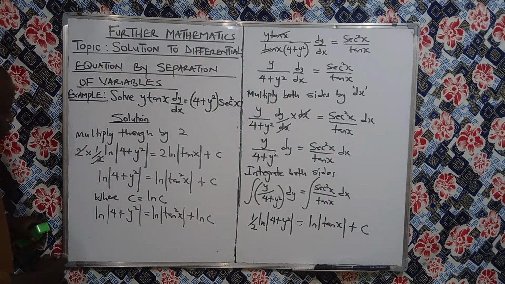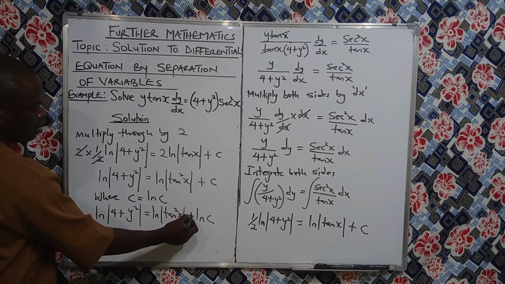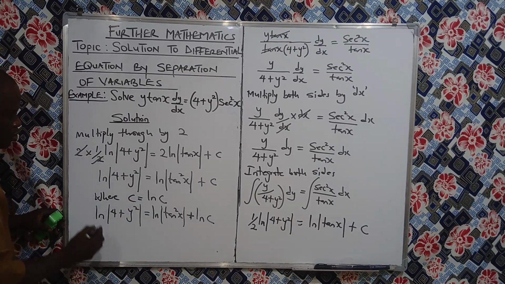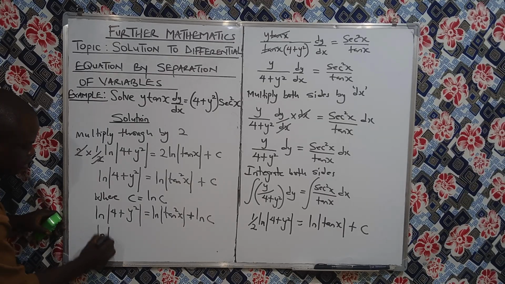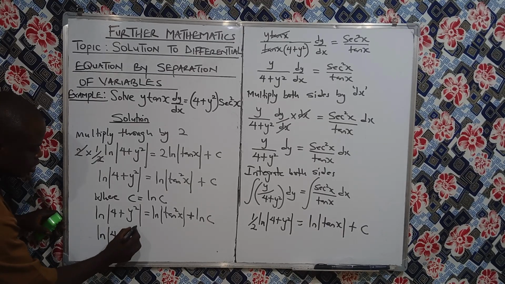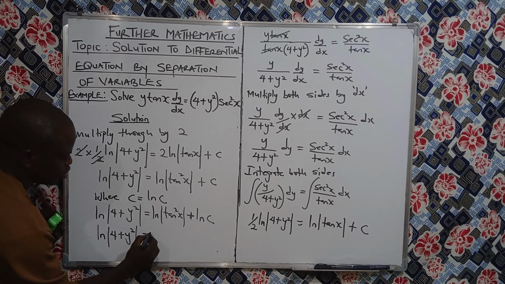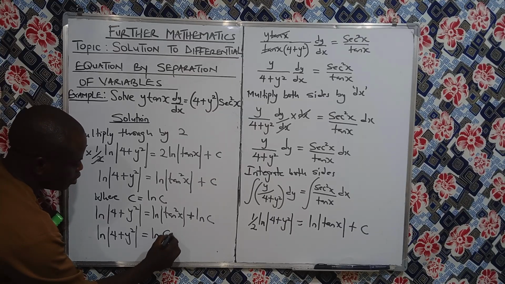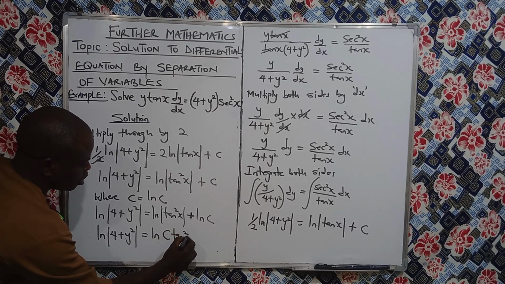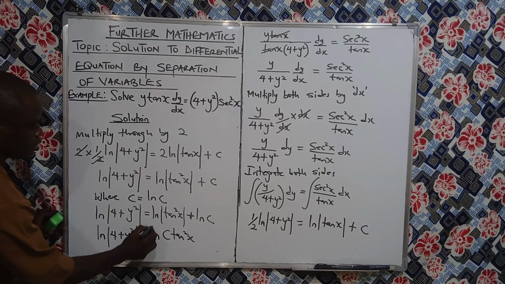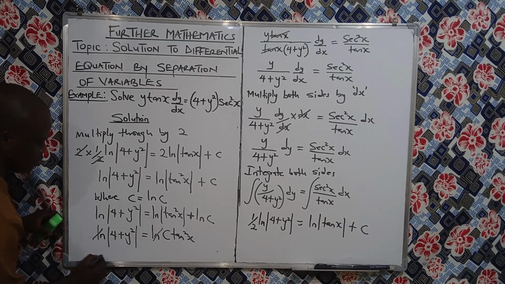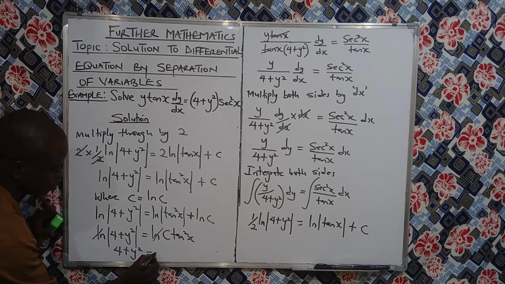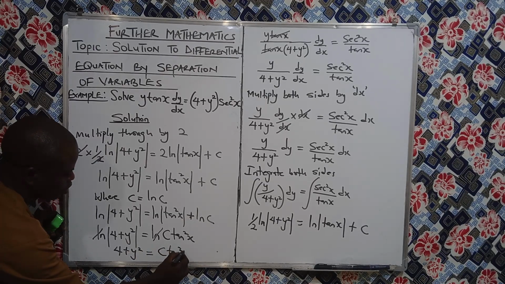Okay, now since in indices, when you are using lane to represent the two expressions, you change addition to multiplication. You're having lane of 4 plus y squared equals lane c tan squared x. Okay, now lane cancels lane. Now we have 4 plus y squared equal to c tan squared x.